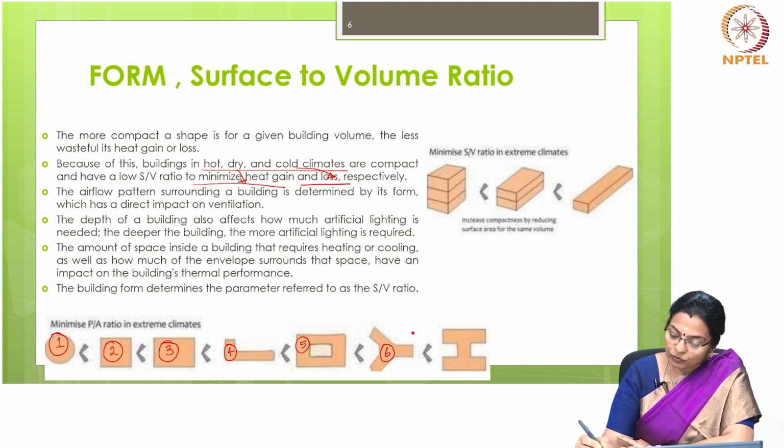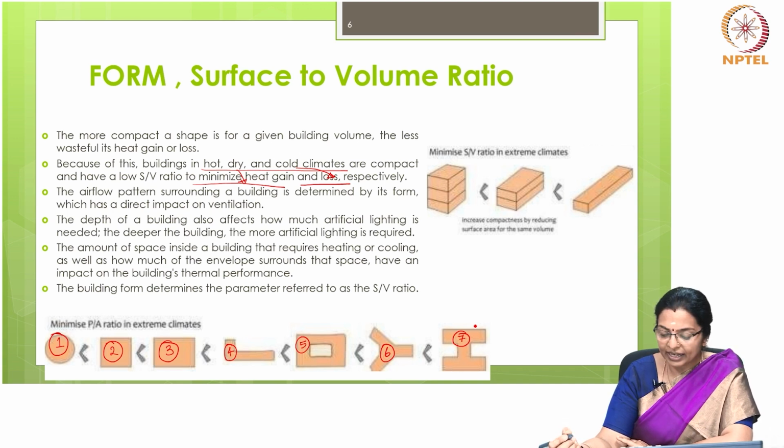The sixth form, which is Y-shaped, has an even larger perimeter to area ratio, and an I-shaped or an H-shaped form has the greatest of all these.